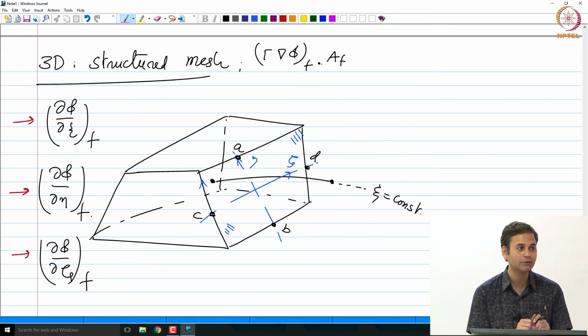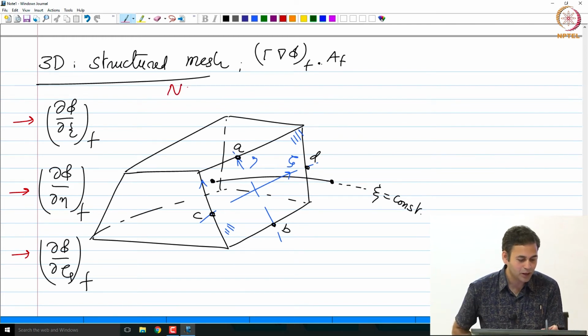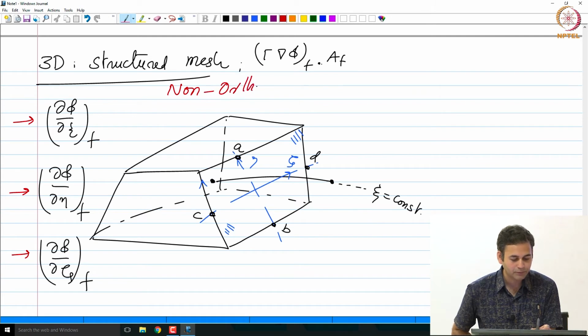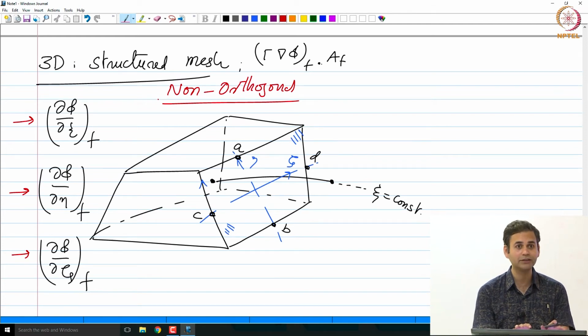In the context of non-orthogonal meshes, all these 3 will survive. We are talking about a 3D structured but non-orthogonal mesh. We are not saying how we will generate this, but somehow let us say we end up having a 3D structured and non-orthogonal mesh, then all these things will survive.